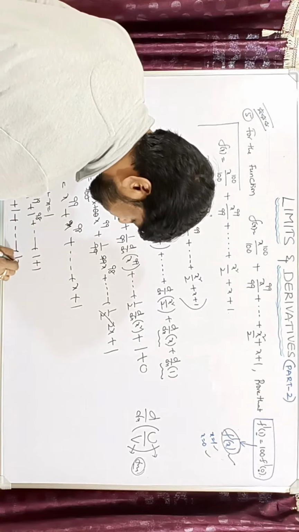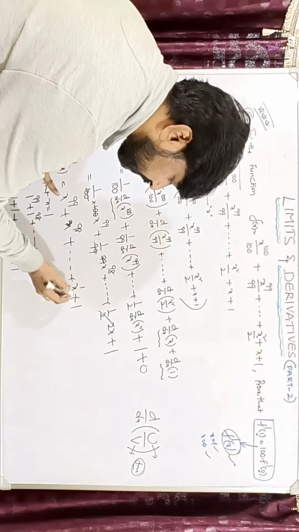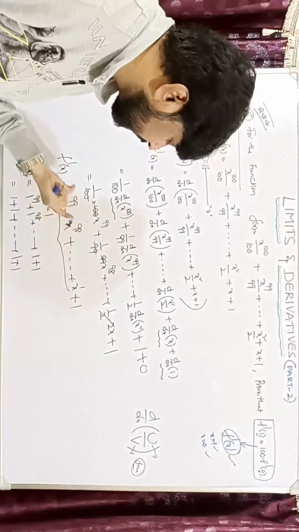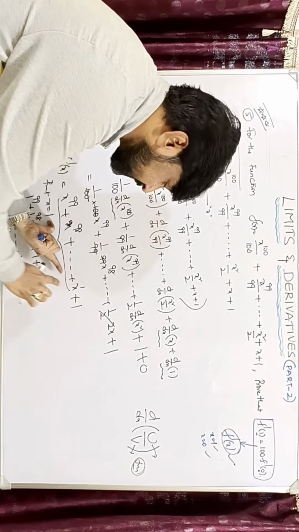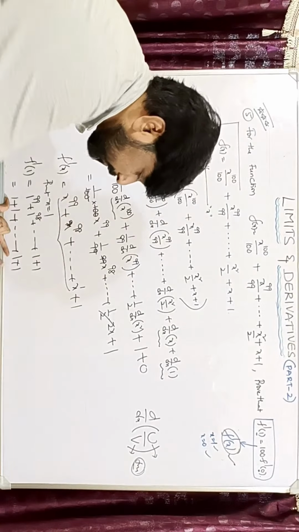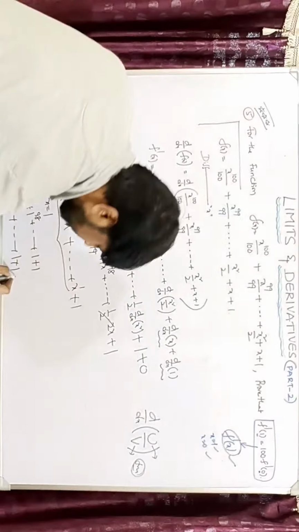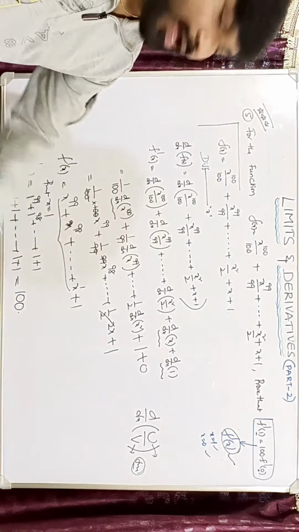Look carefully: this is x power 1 to x power 99, total 99 terms, so 99 ones, and plus 1 is extra. So 99 plus 1 is 100 ones. So f dash of 1 is 100.